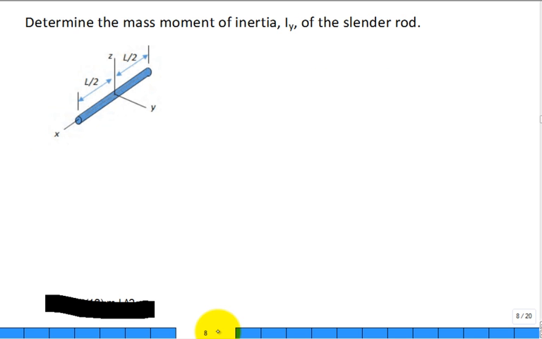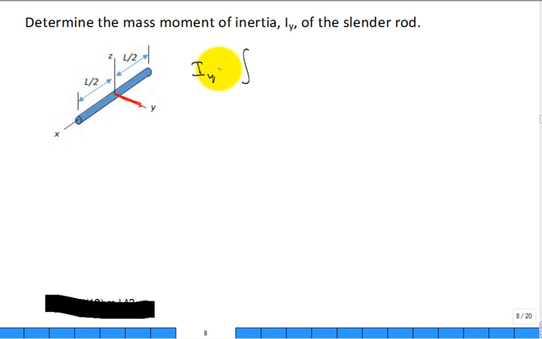Well, what do you do now? No, put it through the center of the rod, through the center of mass of that rod, through the centroid, okay? Again, rho is constant through this rod, and the cross-sectional area of the rod is not changing either.